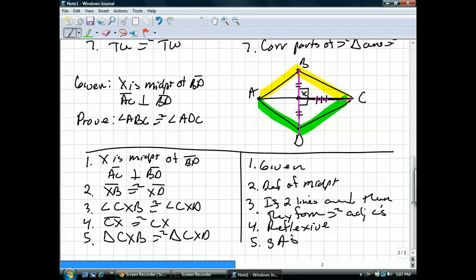Okay. Then if those triangles are congruent, then the parts of those triangles are congruent. So now I can say that segment BC is congruent to segment DC. Okay, so this one is congruent to that one.